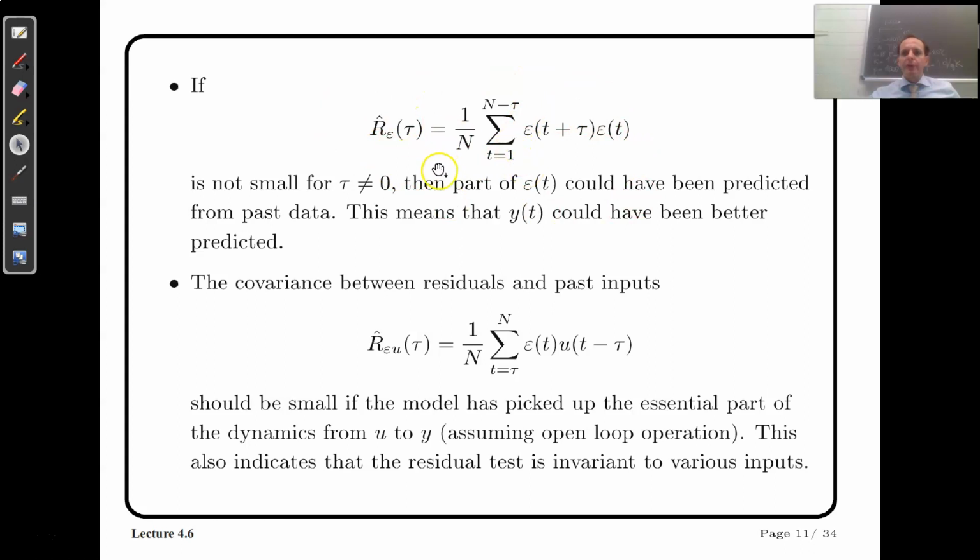We need to compute this expression, this variable. You can see here that it is like an autocorrelation of the residual with respect to different values of the instant tau.